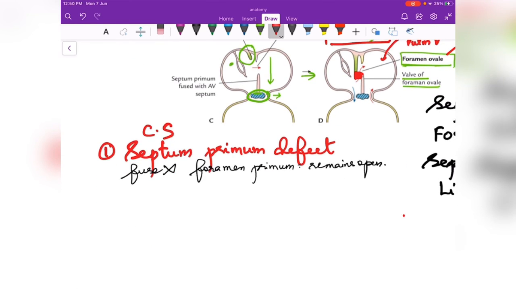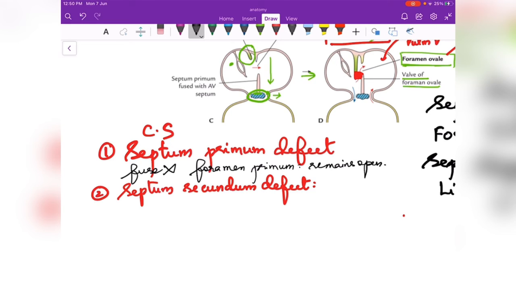The second defect is the septum secundum defect. We said the septum secundum will grow long enough to cover the foramen secundum so it becomes the foramen ovale. There can be two scenarios.